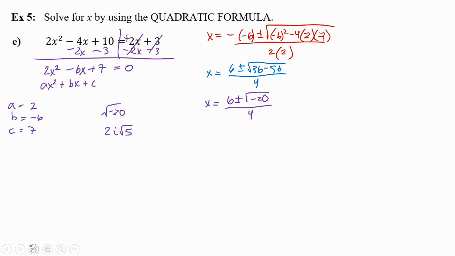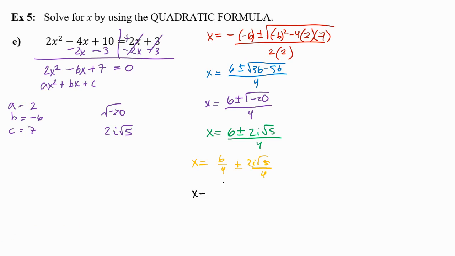So I can replace that. We're going to have x equals 6 plus or minus 2i root 5 over 4. I'm going to separate that just to make it a little easier to work with. We have 6 over 4 plus or minus 2i root 5 over 4, because everything in the numerator is being divided by the 4 in the denominator.